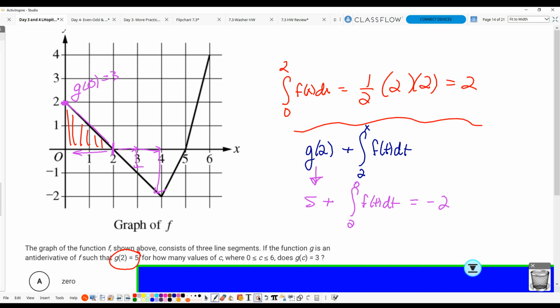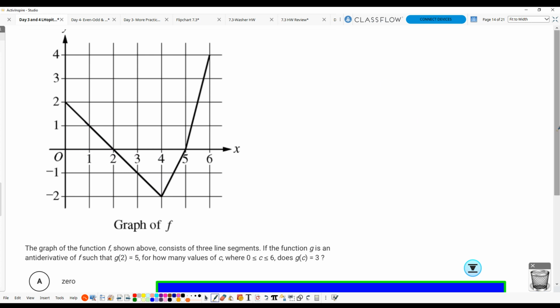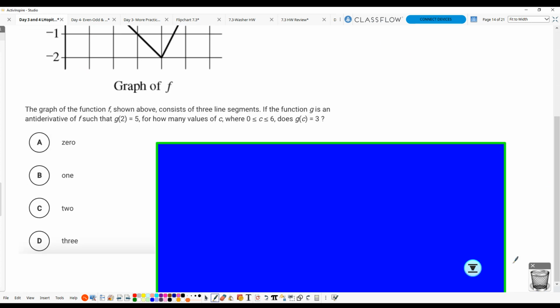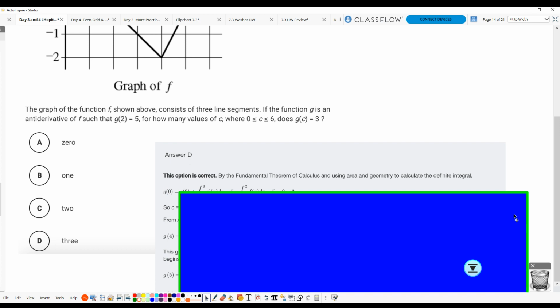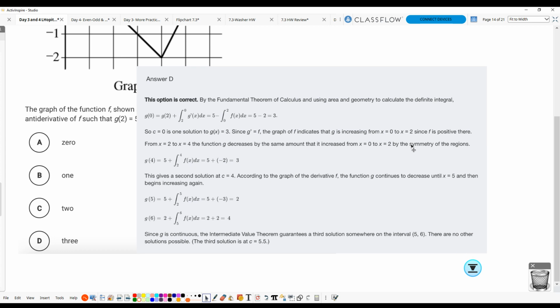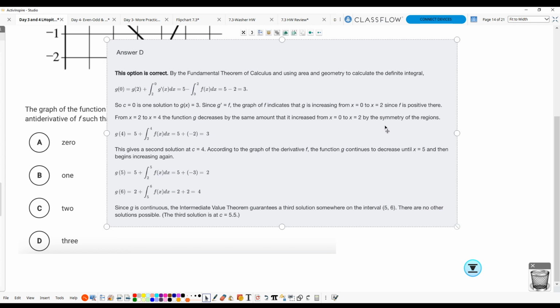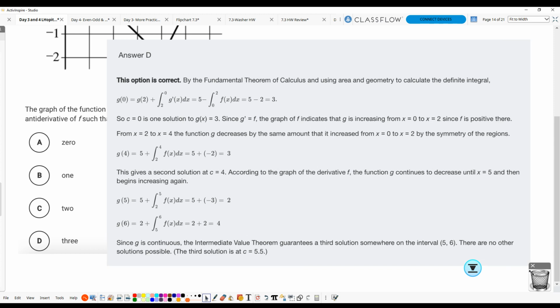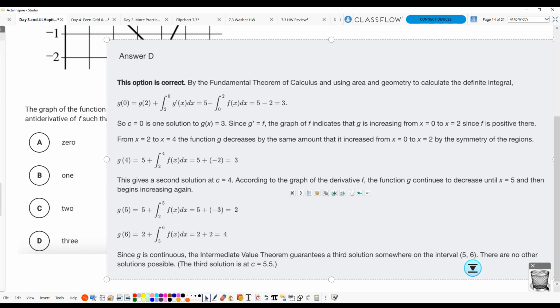So let's see. The AP exam, the way they write their answers is not the best. So they are telling you that. And what is their end answer? c equals 0 and c equals 4, and that's it.